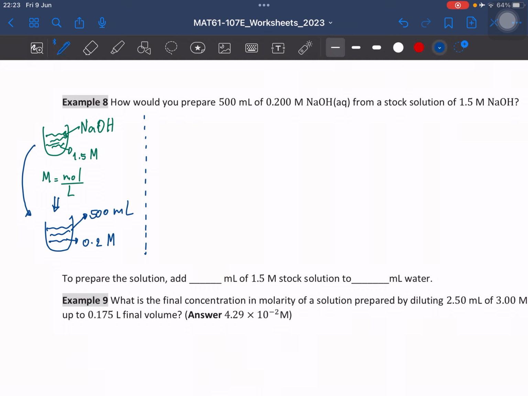From the concentration formula, C1 V1 equal to C2 V2.